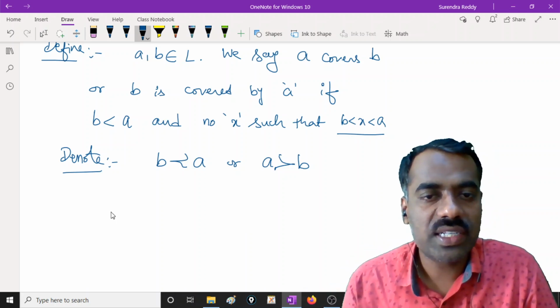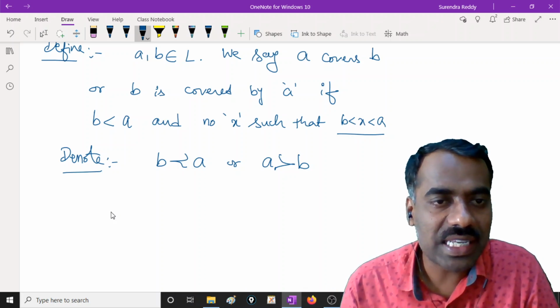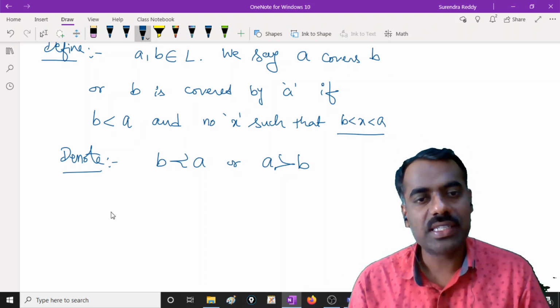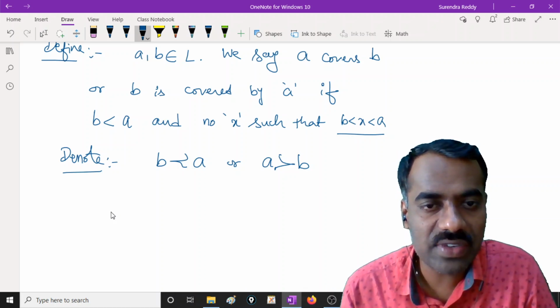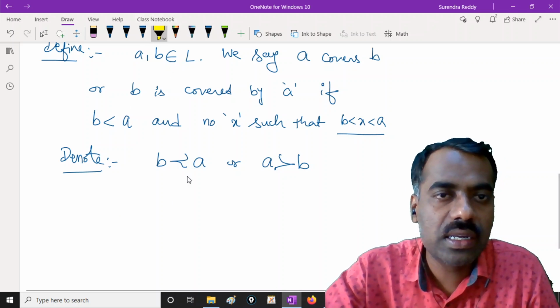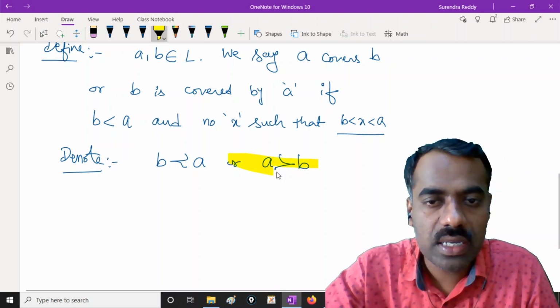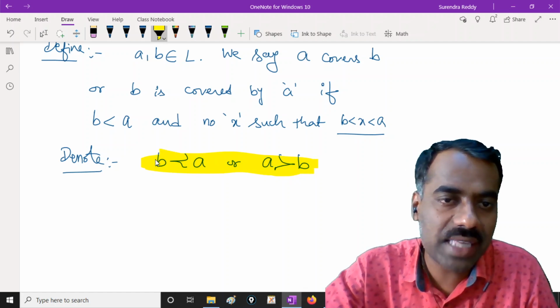This is the notation we will use whenever we say it is a cover. It is just like this one, but the difference is that between A and B there is no other element. So for that we write it here. Is this notation clear? Either we use this or any one of these, they represent the same thing.